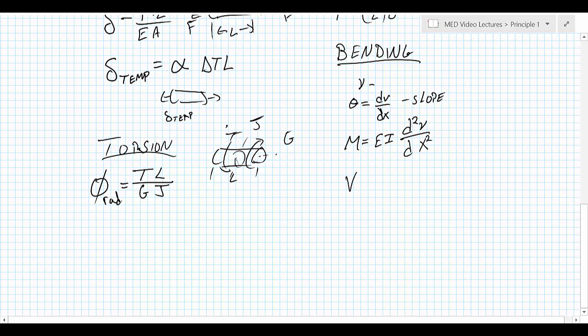And we can take the derivative again, and come up with the shear force diagram, or the shear force acting throughout the part. So that's now the third derivative along the length. And finally, we can come back to the loading the part is actually under with the fourth derivative.